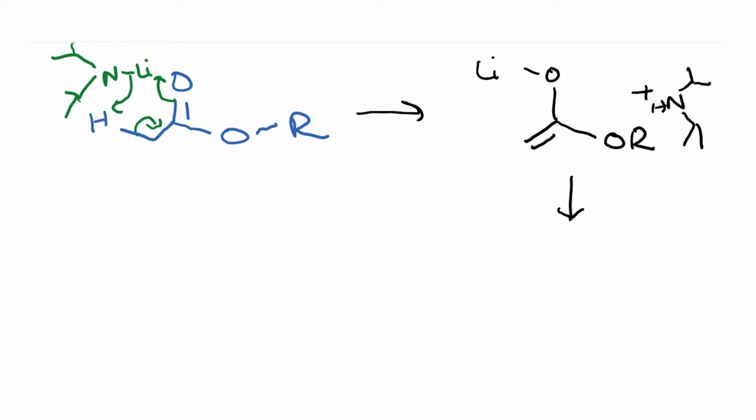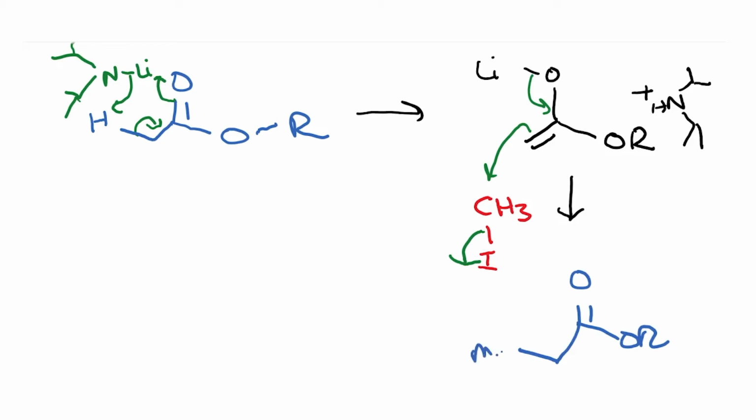The next step is methylation: this attacks here, and let me draw the methyl iodide properly. This is CH3I, iodide is kicked out, and the product that you get is the methylated ester.